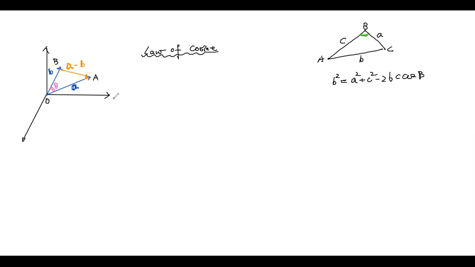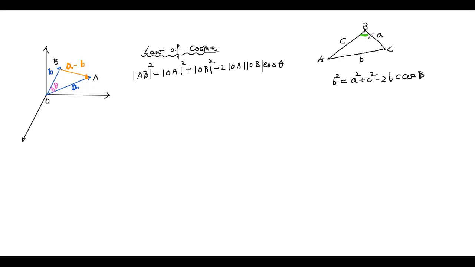The line segment AB squared is equal to OA squared plus OB squared minus 2 OA times OB cosine theta, right?